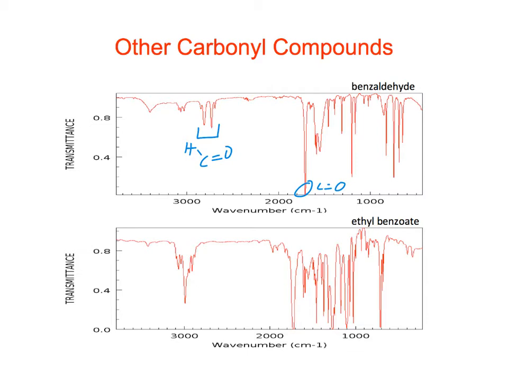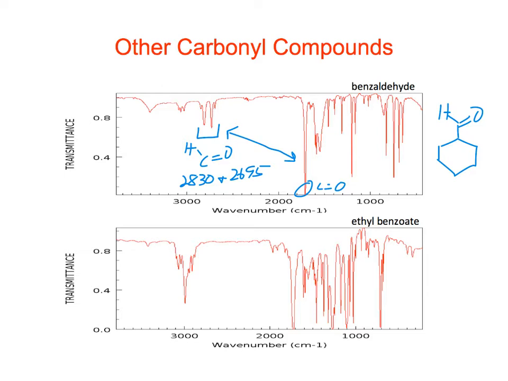And there's always two of them, and they're usually at about 2830 and 2695. So this combination of carbonyl and this pair of peaks, which are just on the low frequency range of where we usually see the carbon hydrogen stretches for sp3 hybridized carbons, then those peaks are characteristic of an aldehyde.